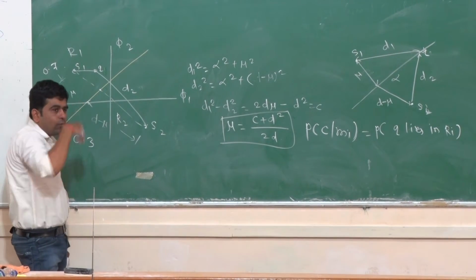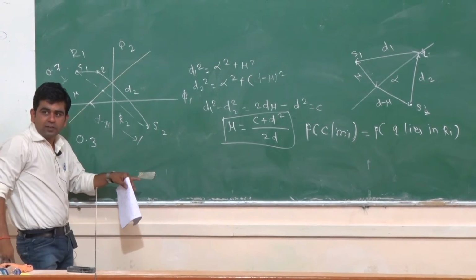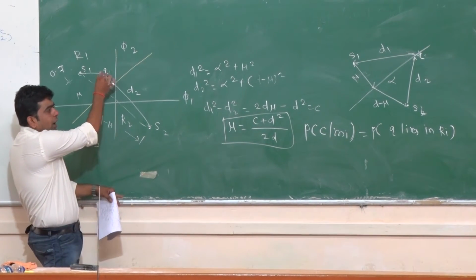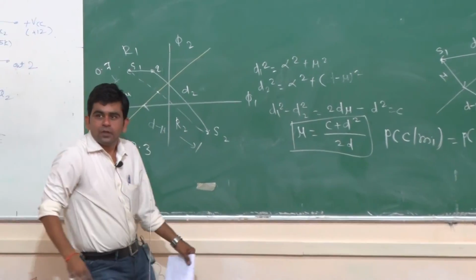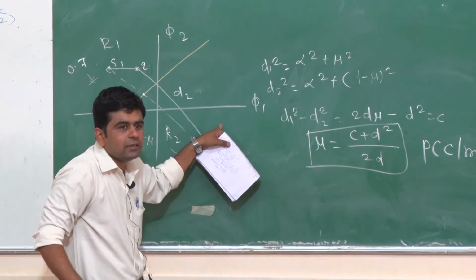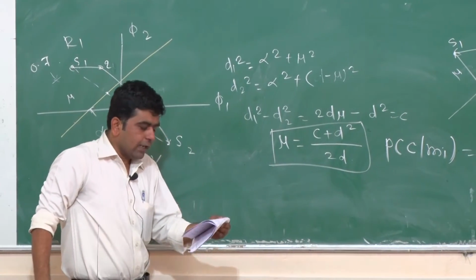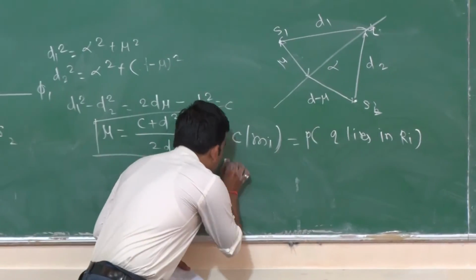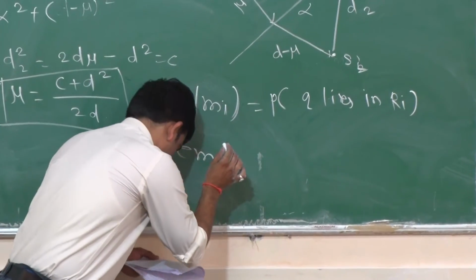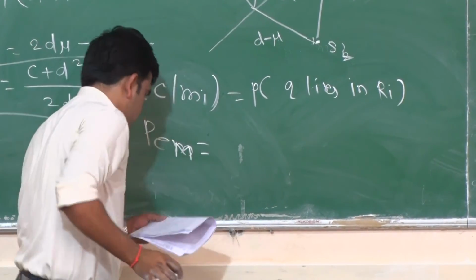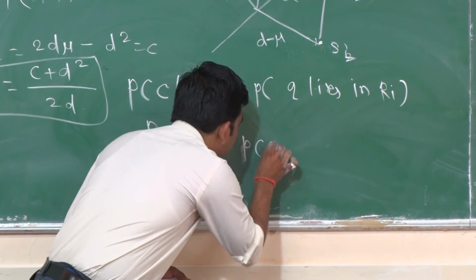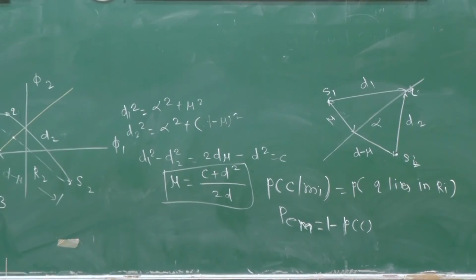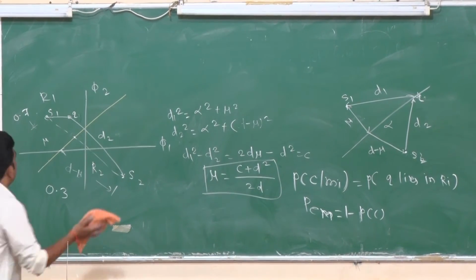What is the probability of correct decision when M1 is transmitted? That is equal to probability of Q lying in the R1 region. When it lies in the R2 region, it will give an error. So write down probability of error, that is equal to 1 minus probability of C.